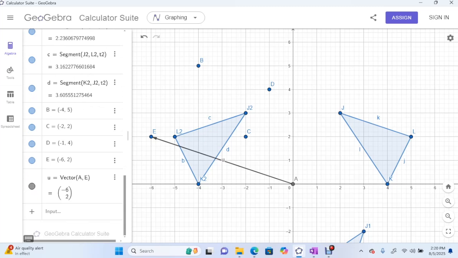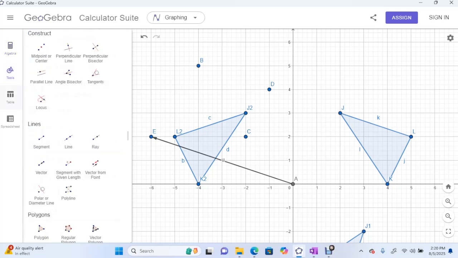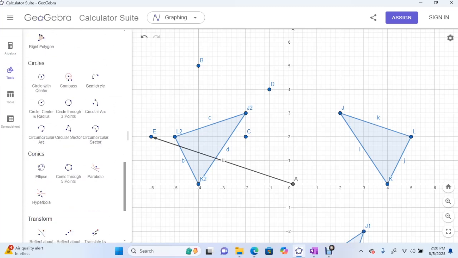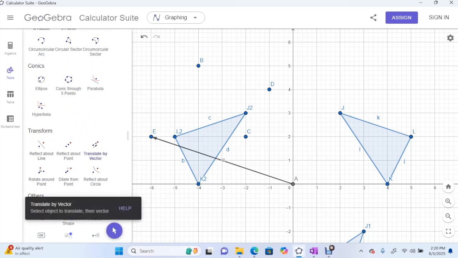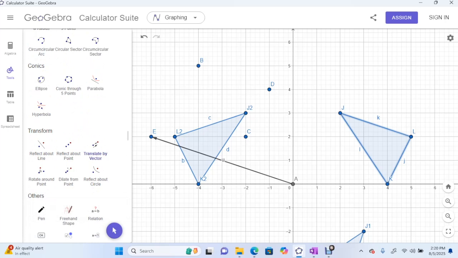Now let me go to tools and then translate by the vector and see where it goes. So we go to transform and then translate by vector. We are going to translate the JKL by this vector, and you see we got the same points that we selected, so that was right.